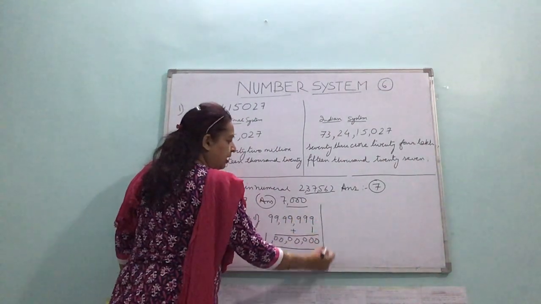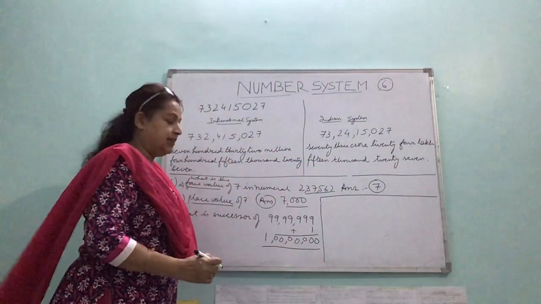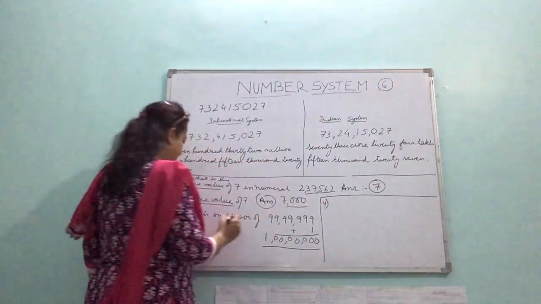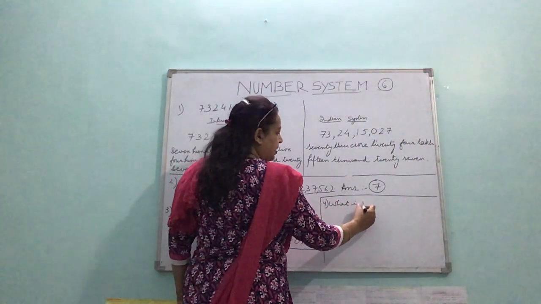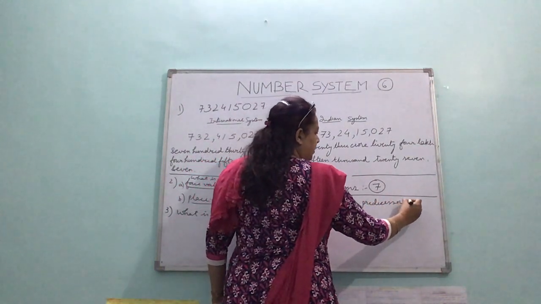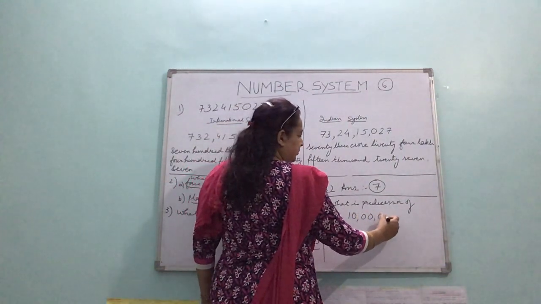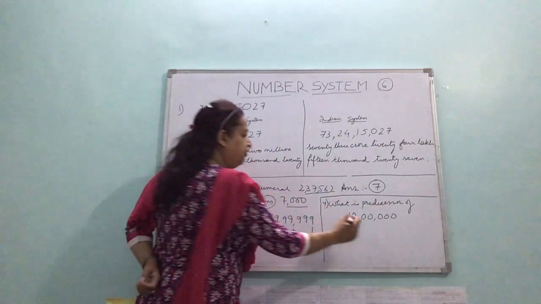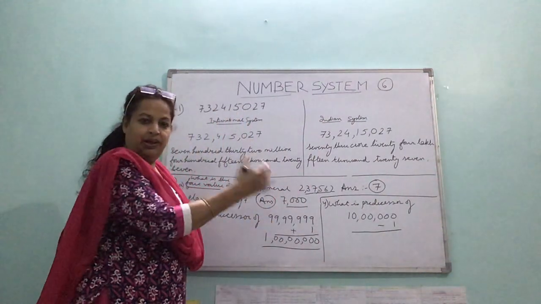Similarly, if you have to find the predecessor, what is the predecessor of this number? Well, for the predecessor, the one before, subtract 1, we keep borrowing.